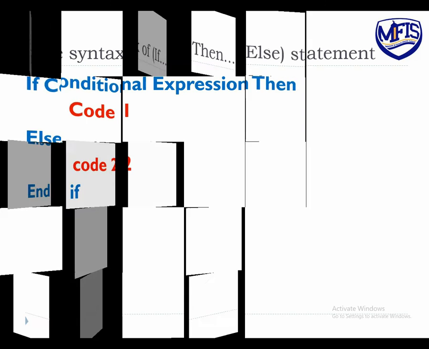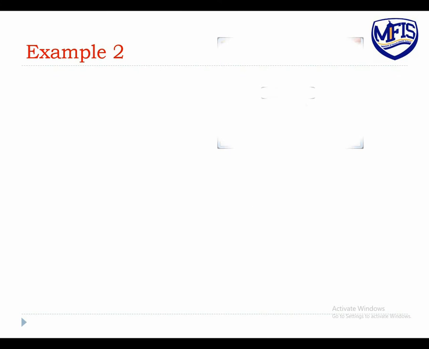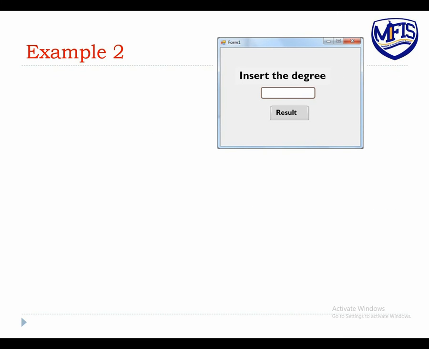Okay, let's have an example. The same example: the student degree, and if the student gets less than 50, the word fail will be displayed in a message box. But if he gets 50 or more, the word successful will be displayed in a message box.